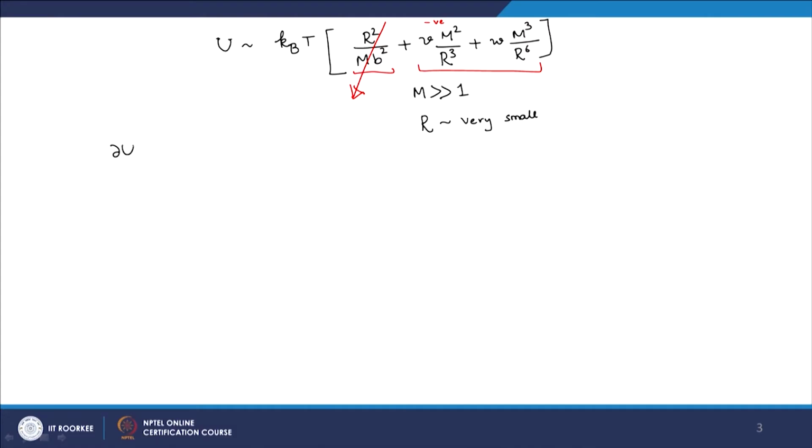So, let us do the same thing we did earlier, keeping in mind that now v is negative. So, this gives me, again we do not care about the prefactors.